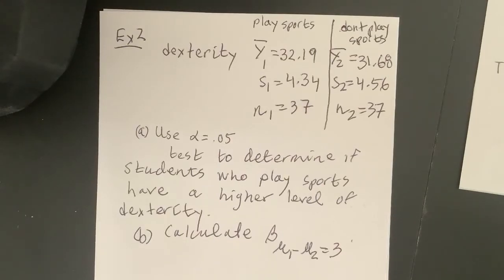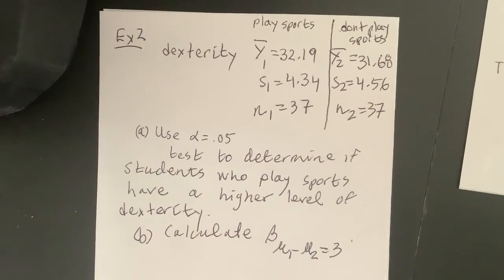of the 37 students. The sample mean is 32.19, and the sample standard deviation is 4.34. The ones that don't play school sports, you see it there. Slightly lower sample mean, slightly higher sample standard deviation, and the same number of students in that population.